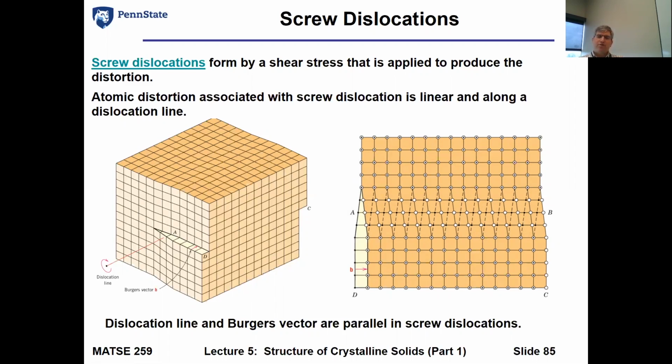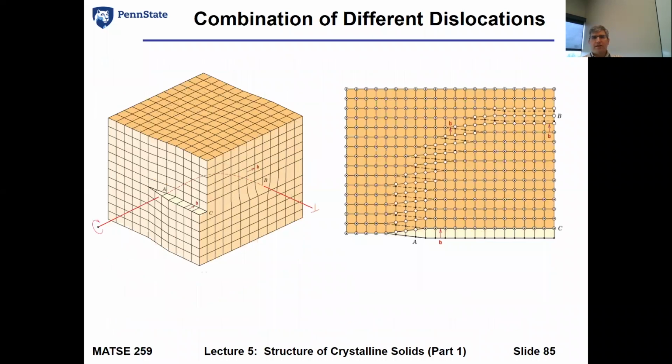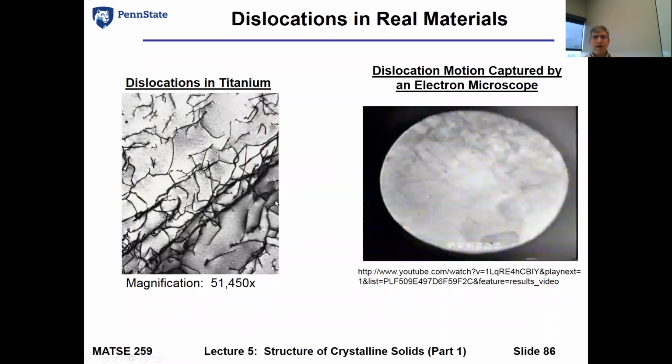And the more that we strain or work the material, the more dislocations we form. So as we put it in tension or stress or some type of shear, we're going to create more dislocations, and those dislocations are going to start interacting with each other. So literally, you can get combinations of an edge dislocation and a screw dislocation.